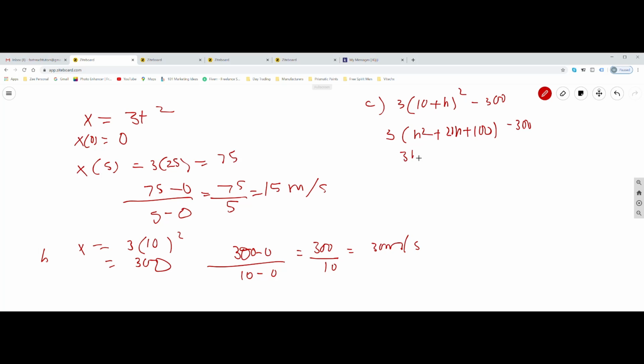You have 3h squared plus 60h plus 300 minus 300, so 3h squared plus 60h over h. Factor out the common h, which gives 3h plus 60. And if you substitute 0 for h, you're just left with 60.